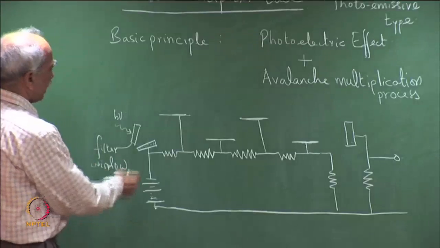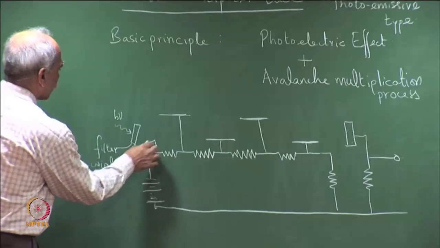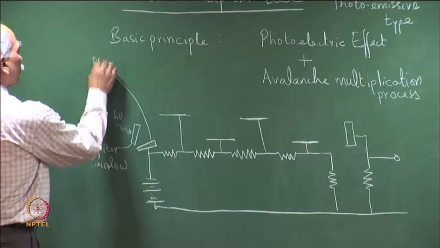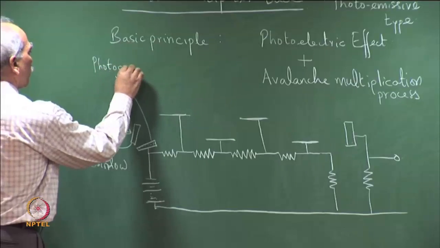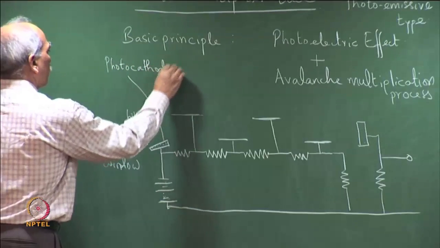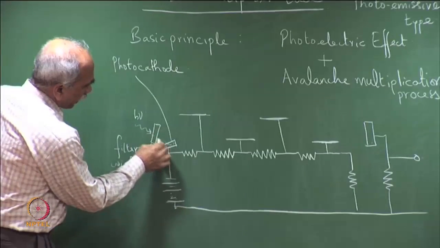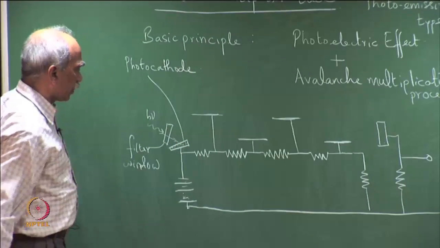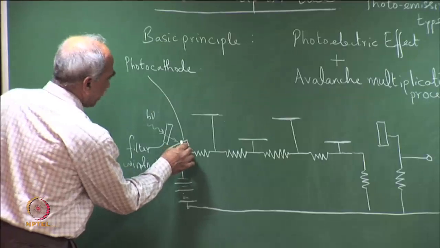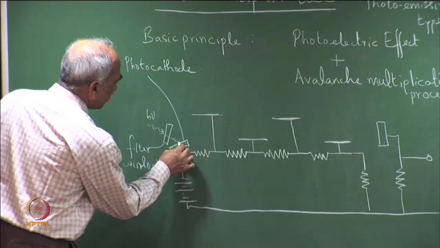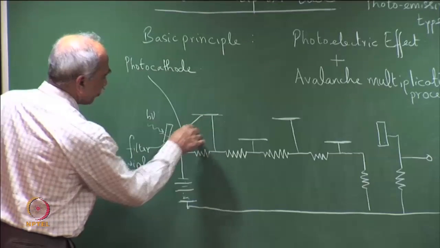The light to be detected is incident on the photocathode here. The photocathode releases an electron, a photoelectron.